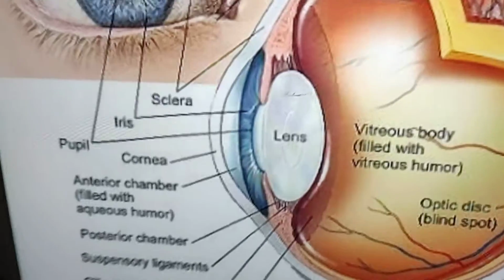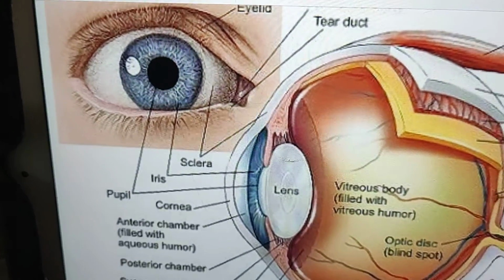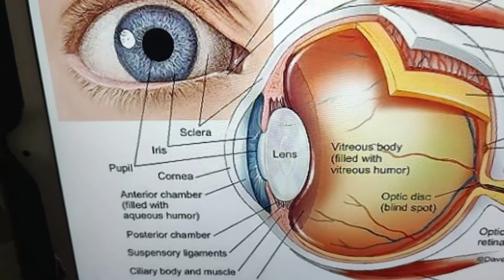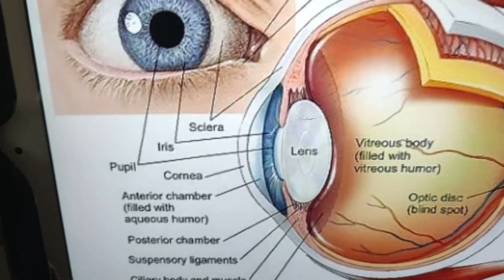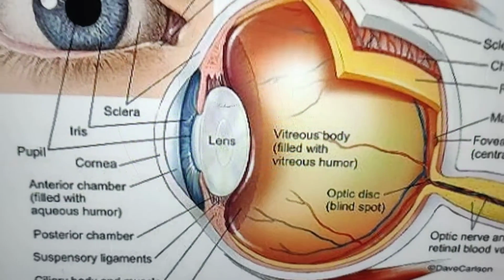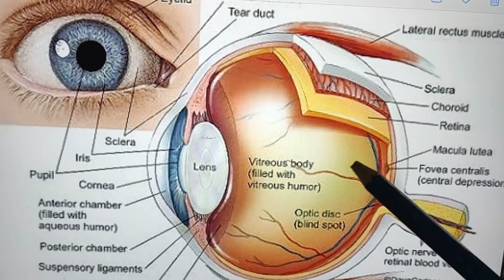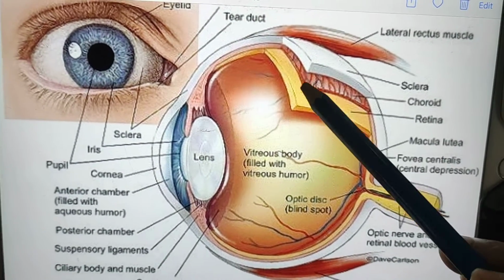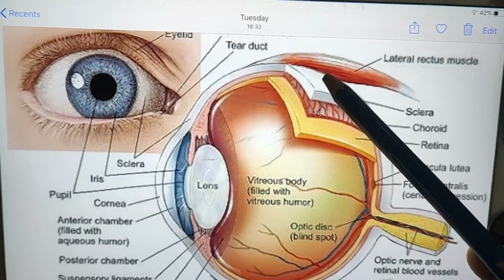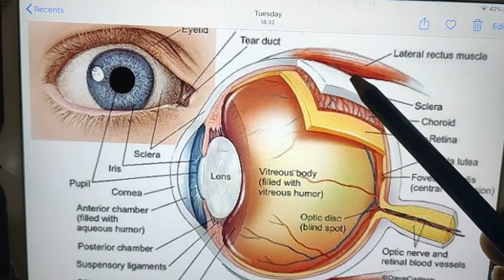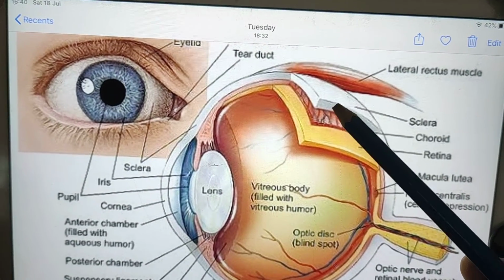Okay, now we know about the third layer. It is retina. Retina is the innermost layer of the eyeball. রেটিনা হচ্ছে এই যে টোটাল আইবল দেখতে পাচ্ছ, এর একেবারে ইনার মোস্ট লেয়ার ইজ রেটিনা। I said before that eyeball has 3 layers.